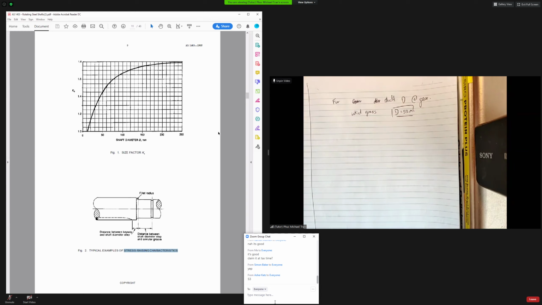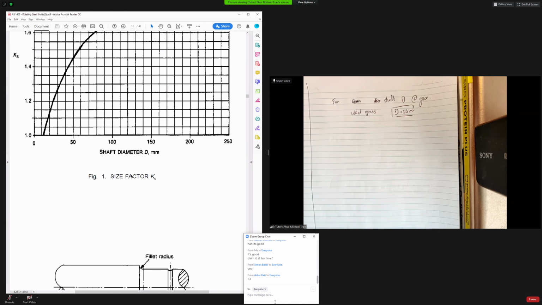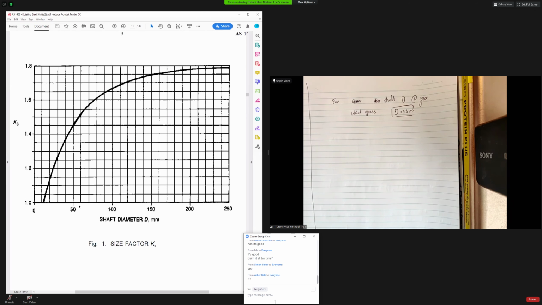So you would take that and shove it into your figure 1, which is your size factor graph. If you can see my mouse, 50, 60, 70, 80, 90, 100. So 53 would be around there. You'd go up to where it hits the line. That would be 53. I'd say 1.46.